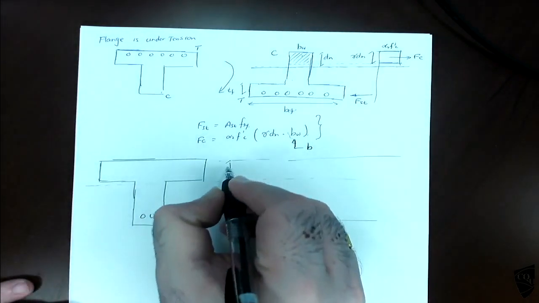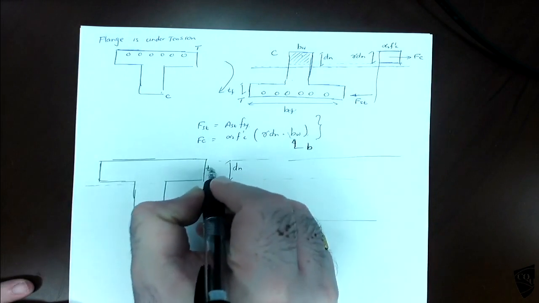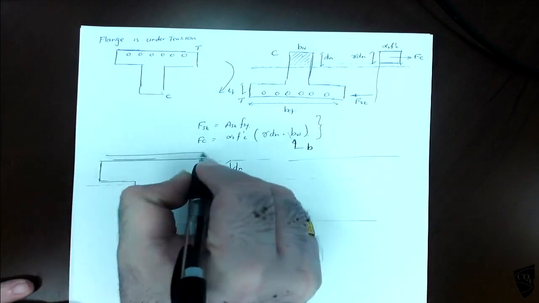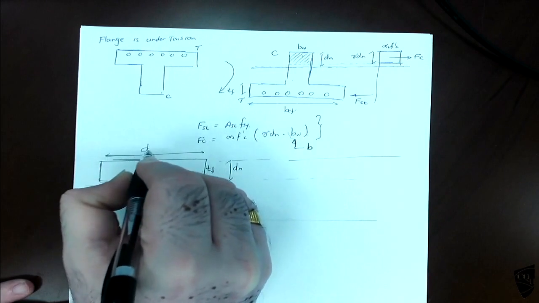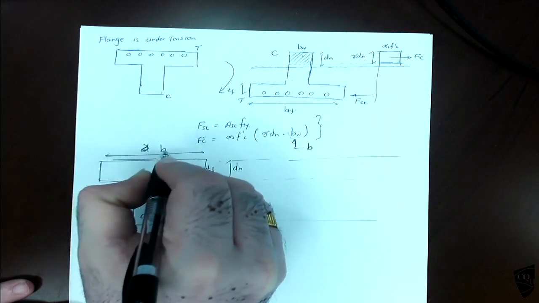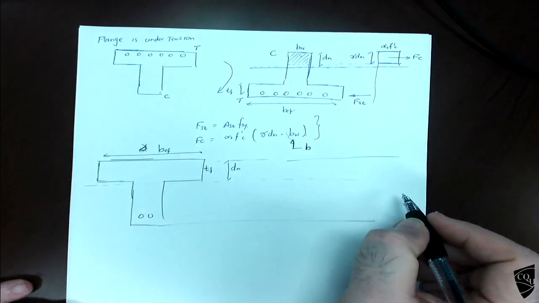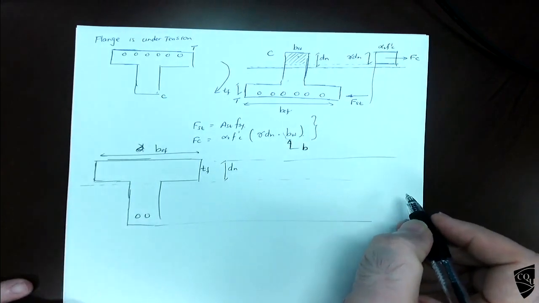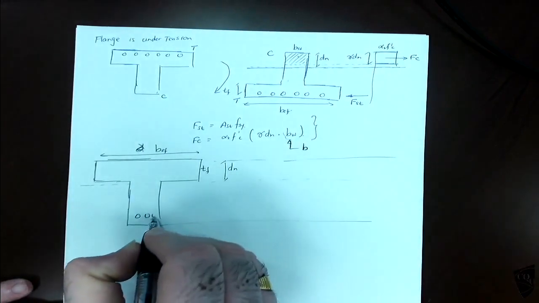Let's say this is dn, this is tf, and we have reinforcement here.